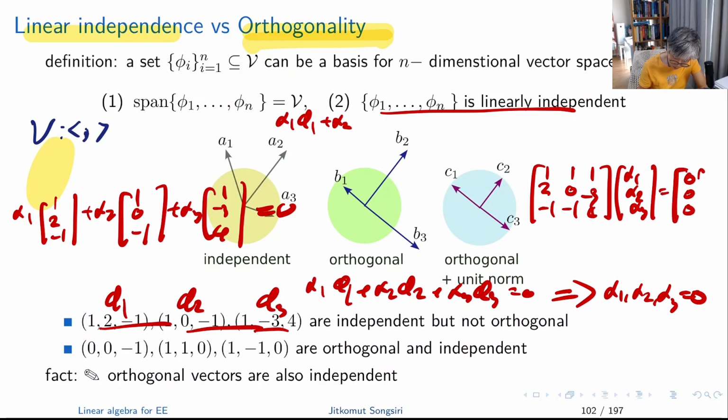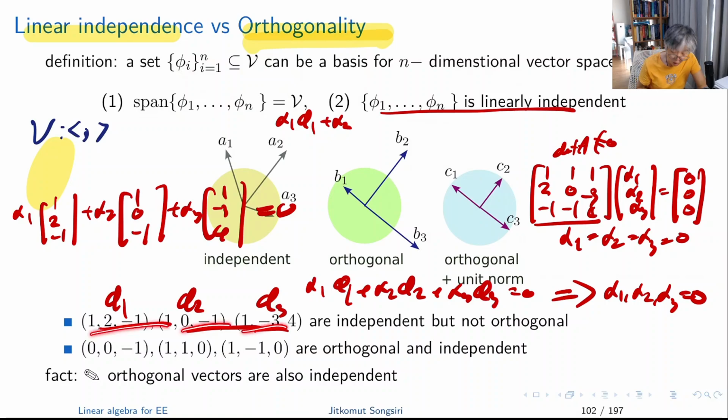If you solve this equation, you will find that this matrix has an inverse. You can check that the determinant is non-zero, and so when you solve for all the alphas, they are all 0. So these three vectors are independent.